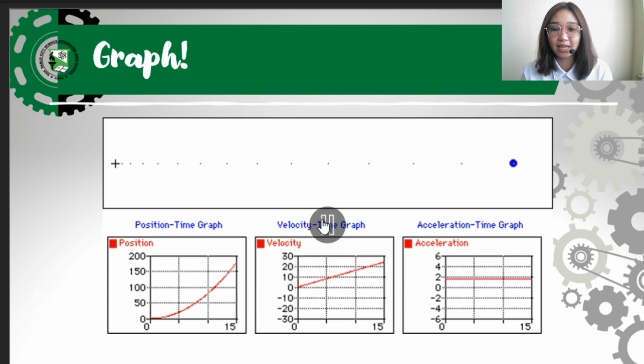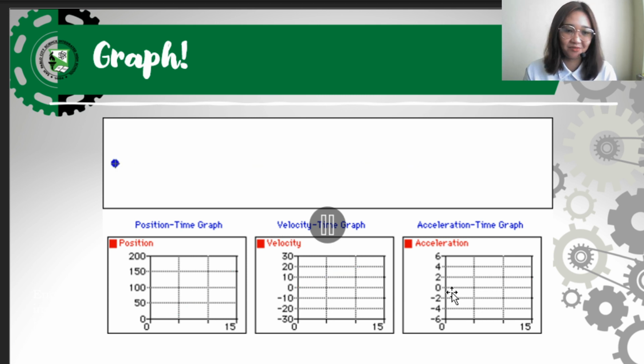The velocity-time graph would look like this one, this is its slope. And the acceleration would be just like this, a horizontal straight line, because its acceleration is constant. So, here it is about 1.80-something meters per second squared.